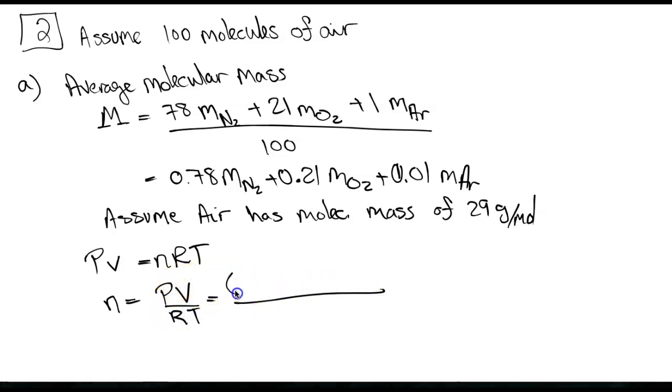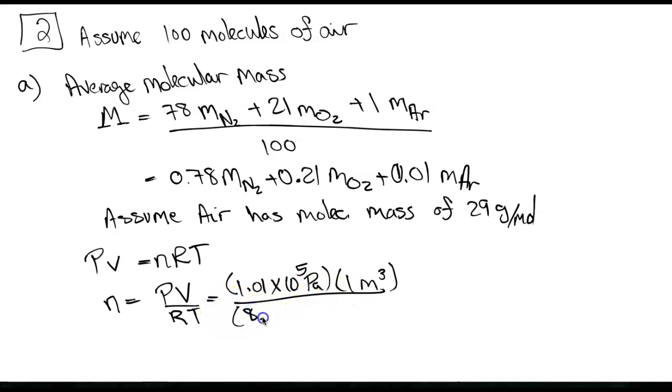And since we have standard conditions, then the pressure is atmospheric pressure, which is 1.01 times 10 to the 5th Pascal. The volume could be per cubic meter. We can adjust that later if we need to.